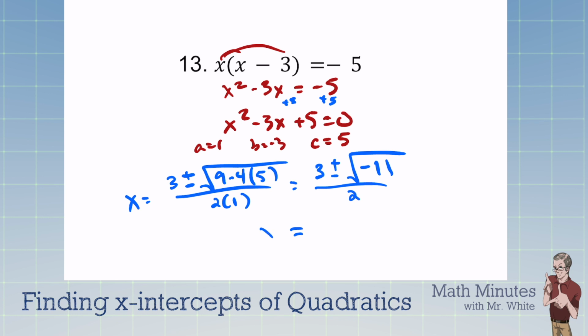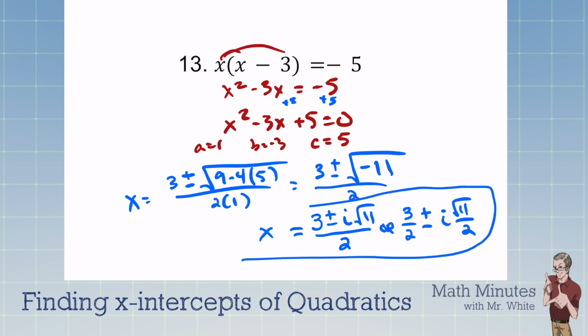So let's write our final answers as complex numbers, 3 plus or minus i radical 11 all over 2. Or you could write it 3 halves plus or minus i radical 11 over 2, or you could write the radical 11 over 2 in front of the i, might even be better, honestly, but we'll go ahead and circle that.